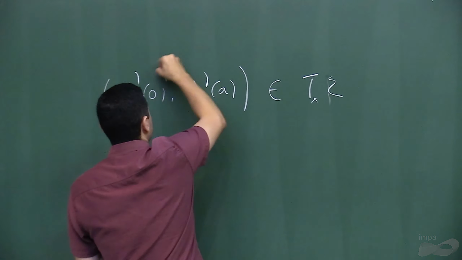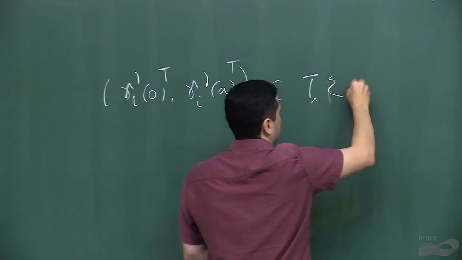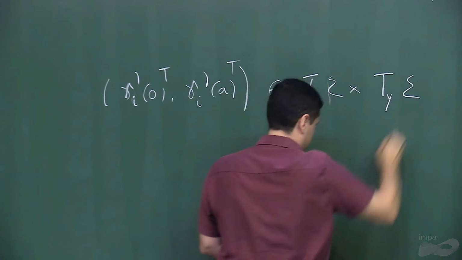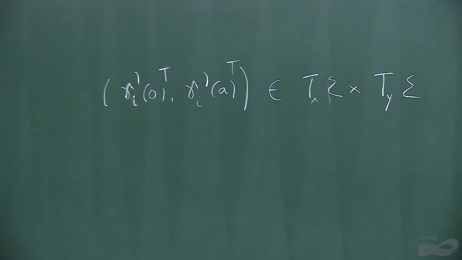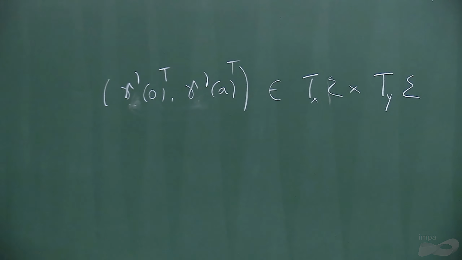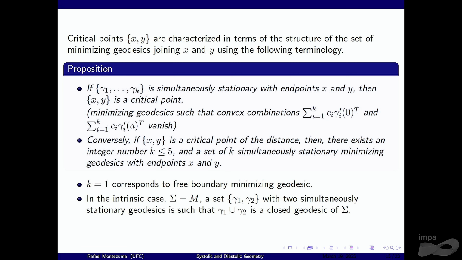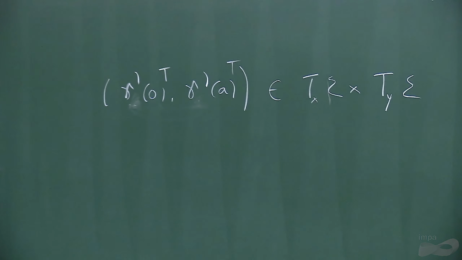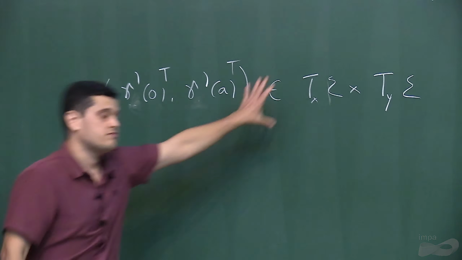So this is the tangential part. You don't need this I here. For all minimizing geodesics, you have a compact set of minimizing geodesics connecting these 2 points that are fixed. And for each geodesic, you can associate this vector here in this R4.